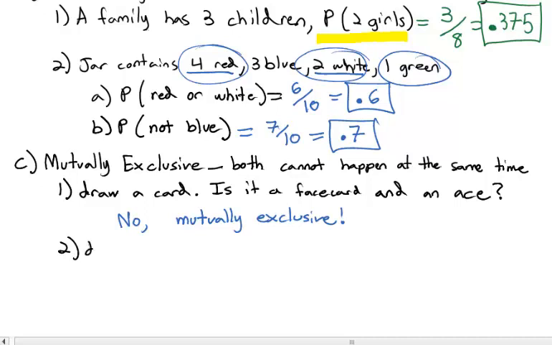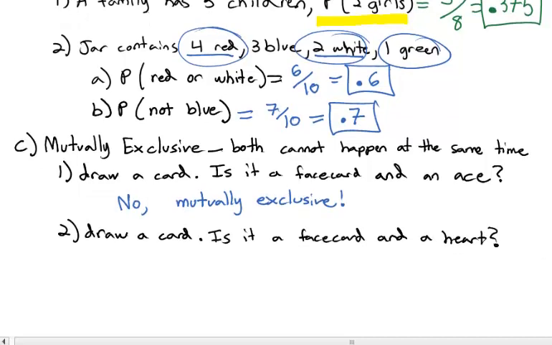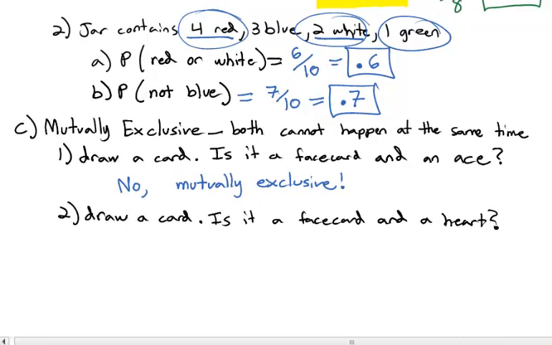How about this? Similar problem. Let's say you draw a card from a deck, and I want to know, is it a face card and a heart? Well, it could be, because you could have, for example, the Queen of Hearts.